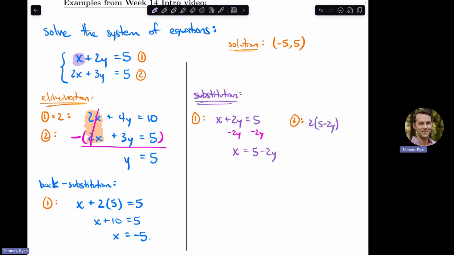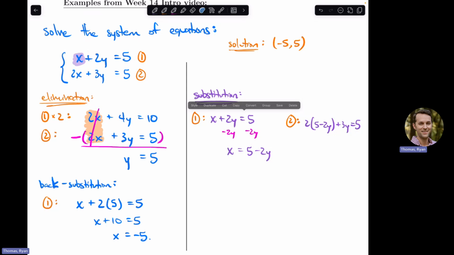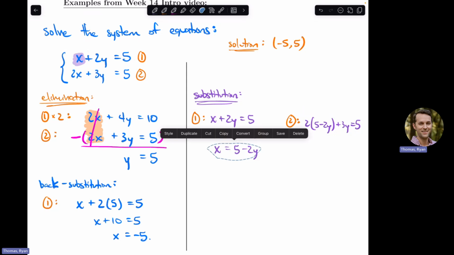This is where we substitute, right? Plug in. Very important that you plug into the other equation though. The whole idea here is that one of these on its own is not sufficient. It doesn't give us enough information to solve the system. We need them both. I used equation 1, so now I need to use equation 2 as well.